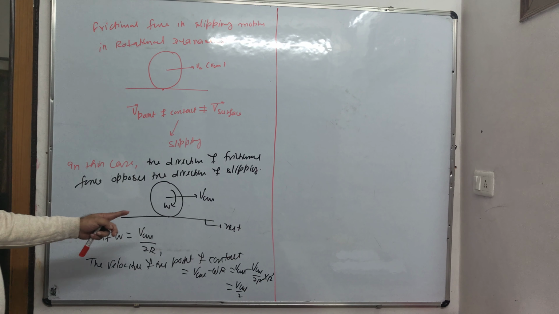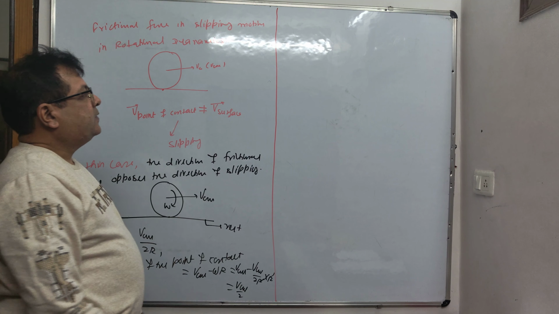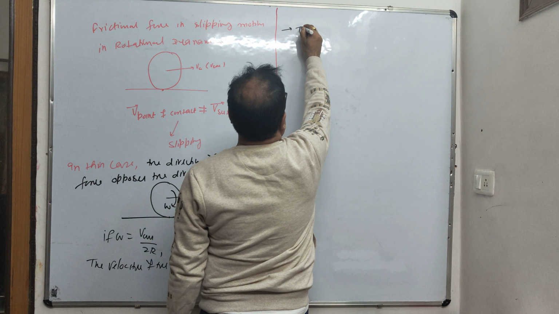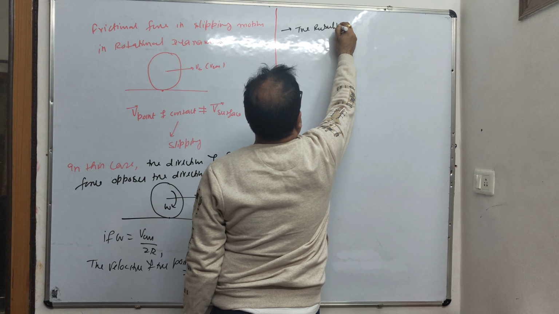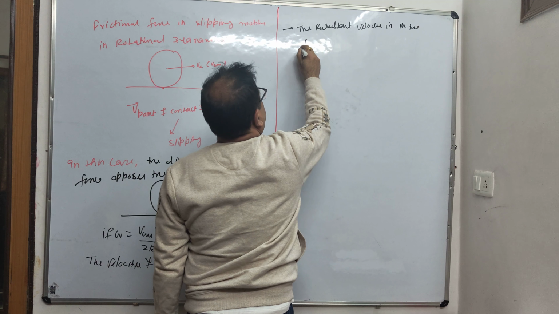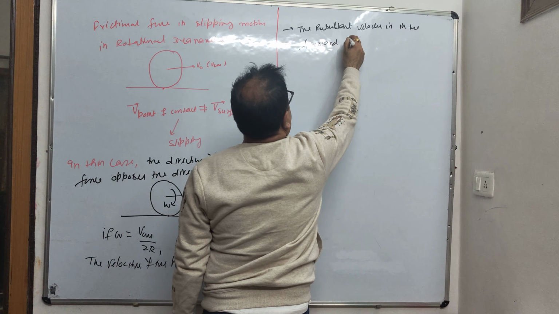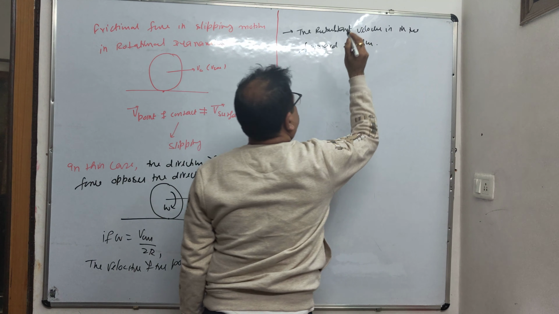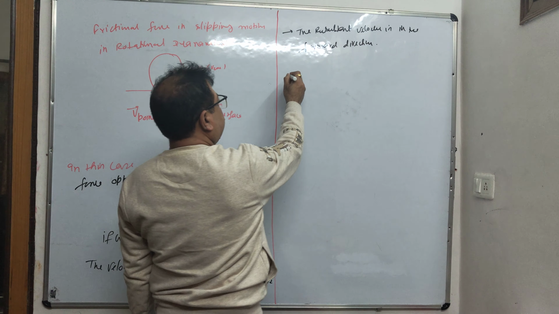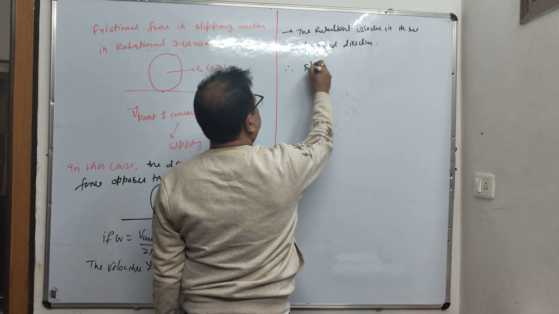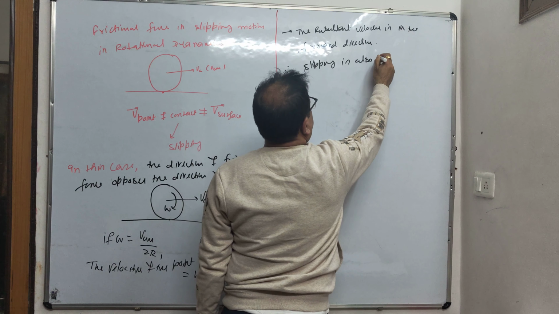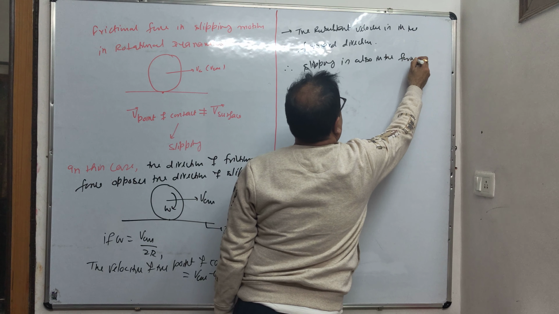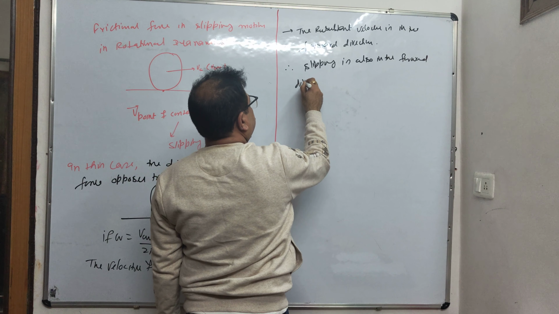So the resultant velocity is in the forward direction. Hence slipping is also in the forward direction.